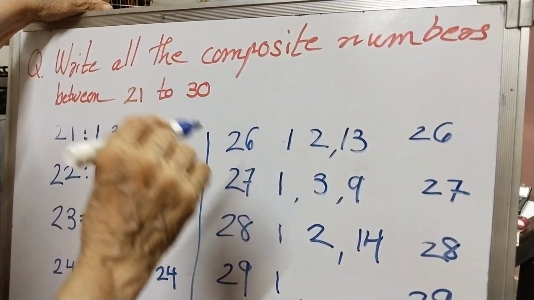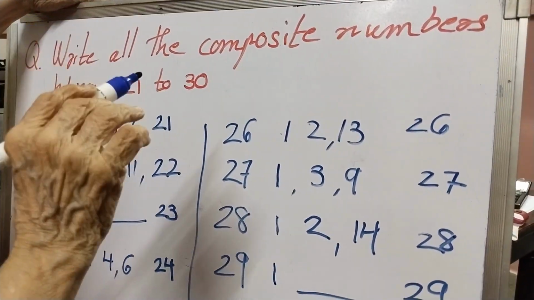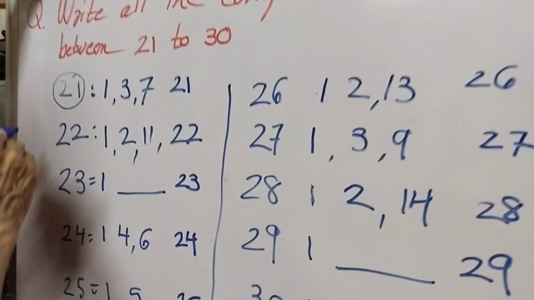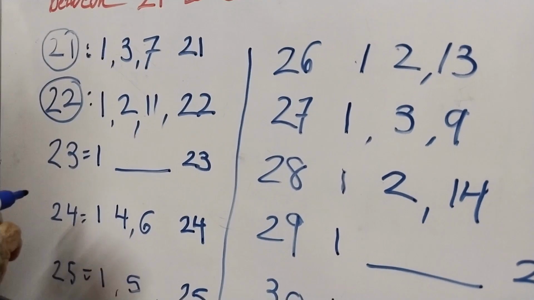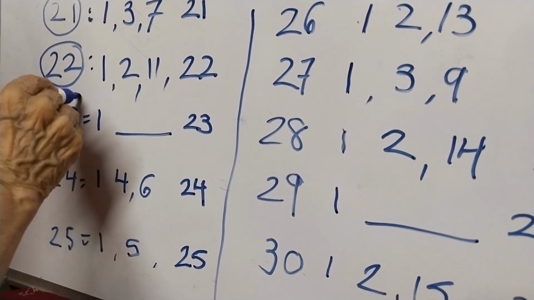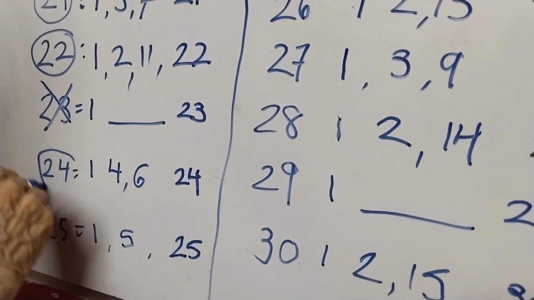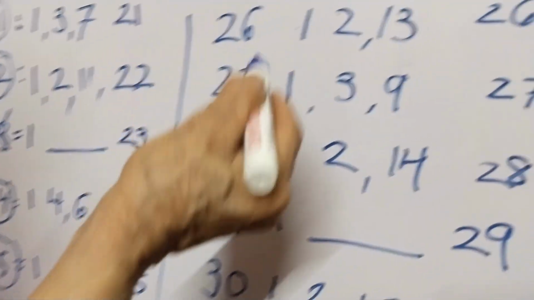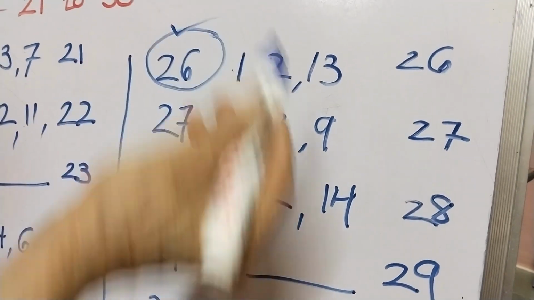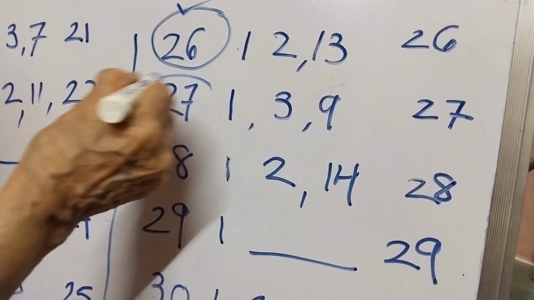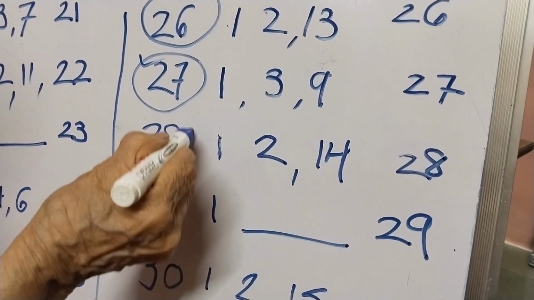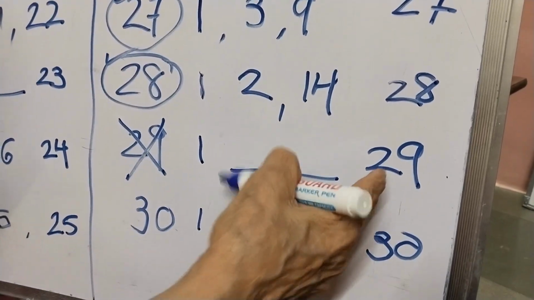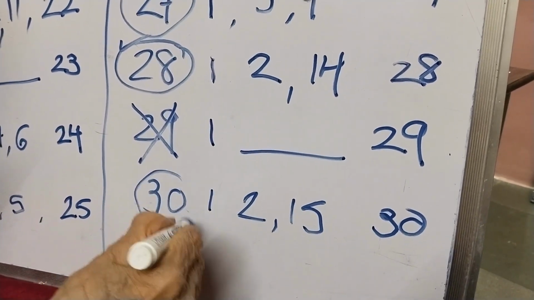Now, composite numbers means the numbers which have more than 2 factors. So 21 is a composite number, 22 is a composite number, 23 is not a composite number, 24 is a composite number, 25 is a composite number, 26 again a composite number, 27 again a composite number, 28 again a composite number, 29 is a prime number because it has got only 2 factors, and 30 is a composite number.